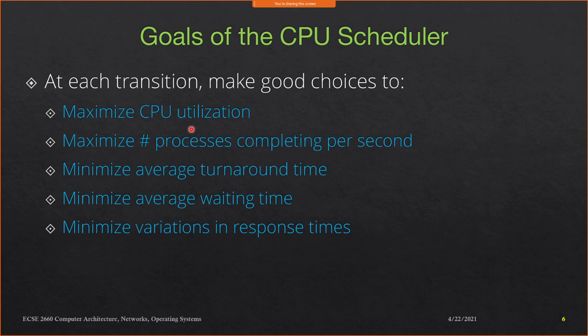I want it to be executing a certain process, working on process 1 or process 2. I want that CPU to be working. I don't want it to be idle. So that's maximizing CPU utilization. Or you might want to maximize the number of processes that are completing per second. In other words, I want to increase throughput.